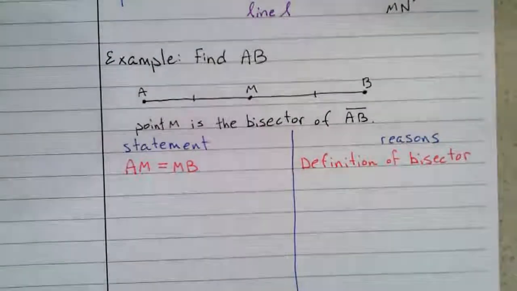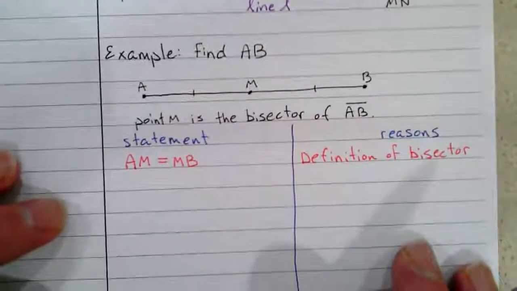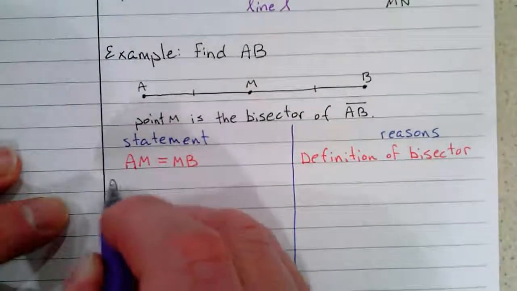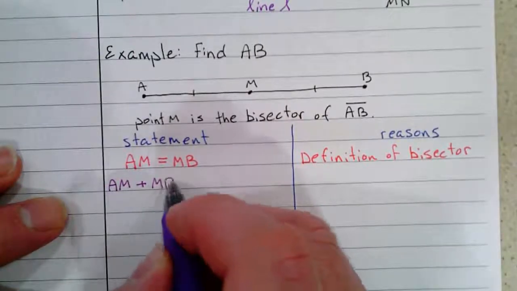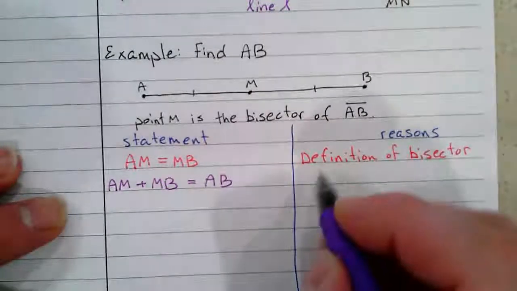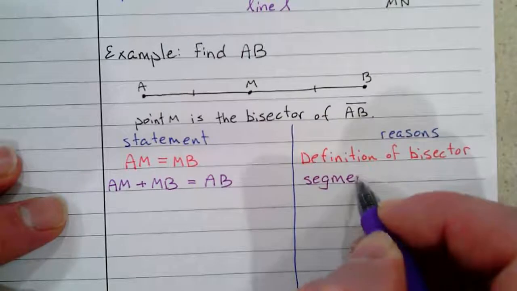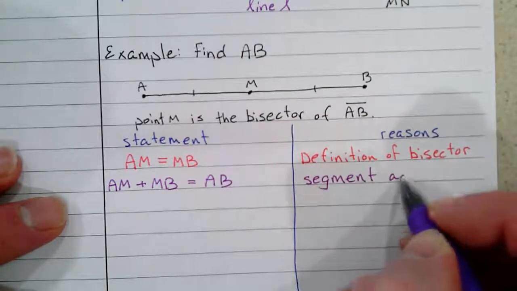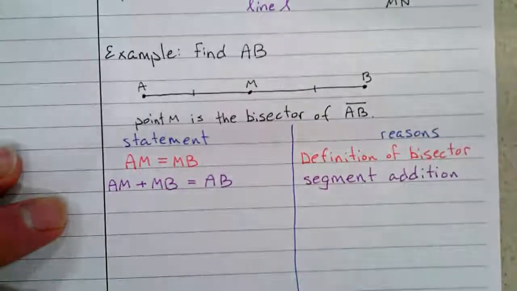It cuts into two equal pieces, so AM is the same as MB. We could then say that AM plus MB equals AB, and that's just segment addition.